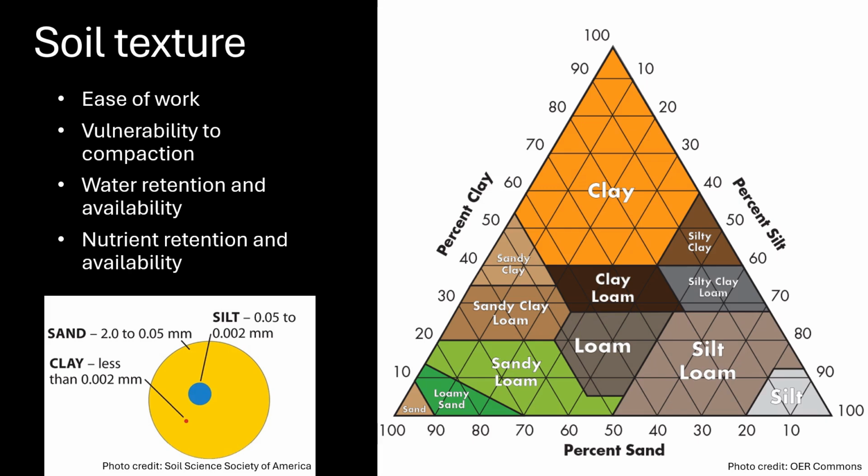And that's why loam is the prized, well-rounded soil that everyone wants, because it's a mix of these 3 different types of particles, and you get the best of all worlds. You get a soil that has a mix of different pore sizes, it has some cohesion, it's able to retain water and nutrients, but it's also loose enough that you can work it, your plant roots and the water can infiltrate, and you have a balance of these different elements.